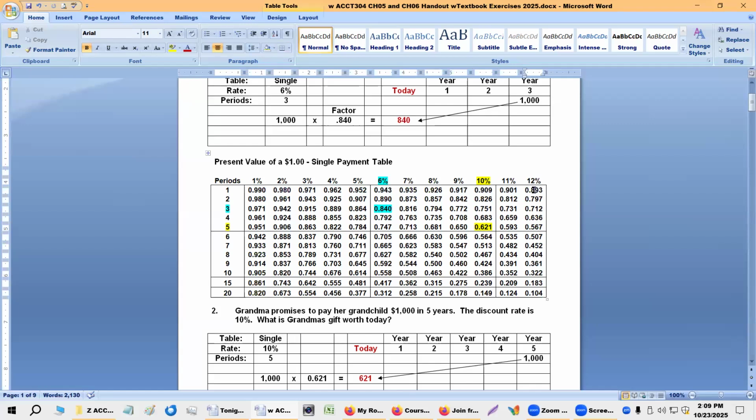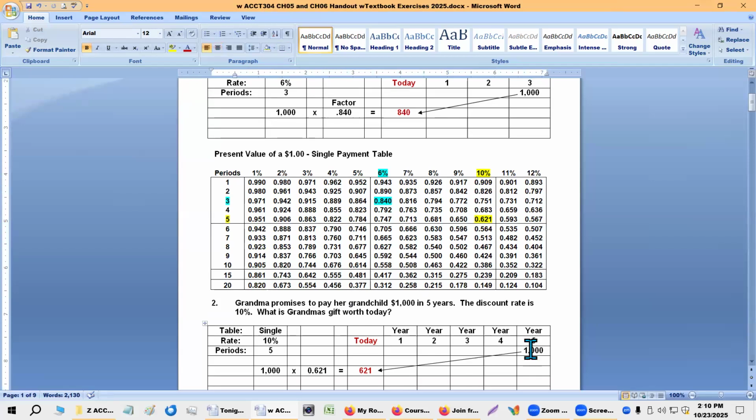The higher the interest rate, the less it's going to be worth in the future. So this one actually has two things going against it, and that is longer time period and the interest rate is higher. So even though it's the same $1,000 gift technically, where it's given and the rate it's at and all that makes a difference as far as what it's worth.